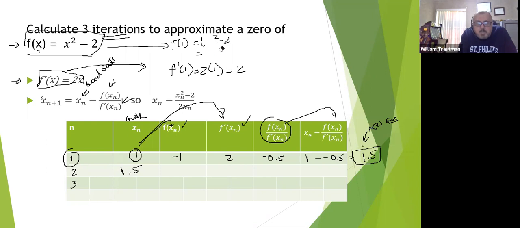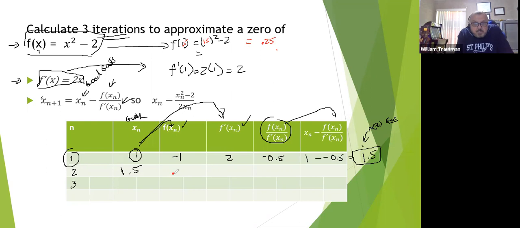I'm going to now put 1.5 into here. Do you see we're putting 1.5 into the first function, and on my calculator, 1.5 squared minus 2, and I get 0.25.